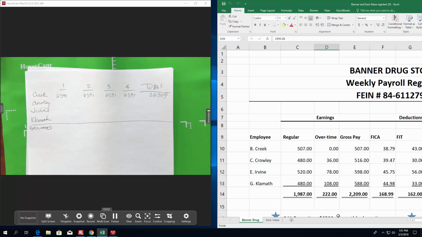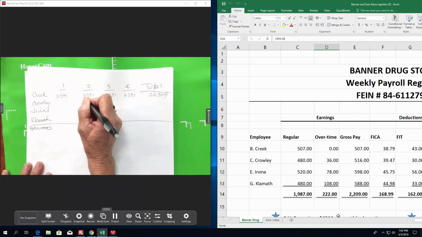So, does Creek cap for FUTA? 7,000 a year. So obviously he caps. When does he cap? Second quarter.